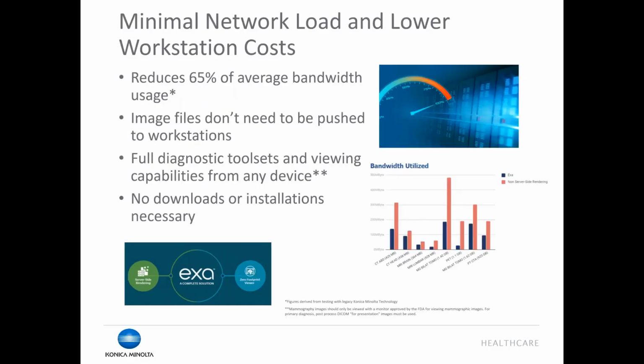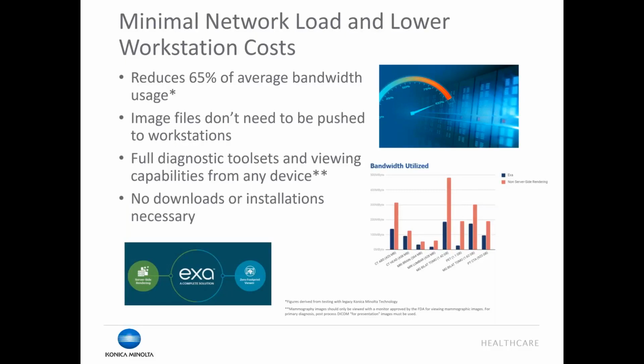And really what that means is that you don't have to send the same file many times, and if we're not sending the whole DICOM file, the average is about 65% bandwidth reduction. In some cases where you have very complicated workflows, it can actually be more than that.